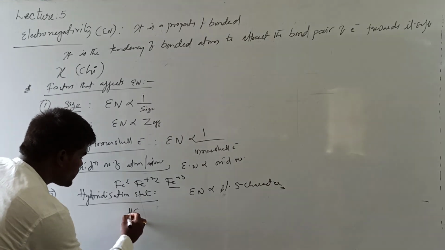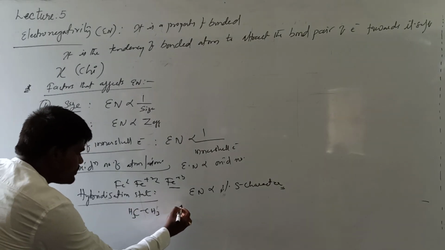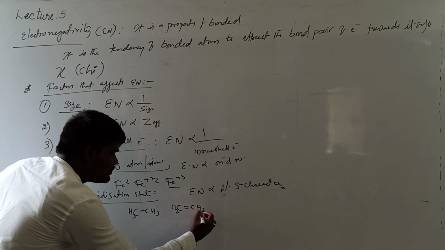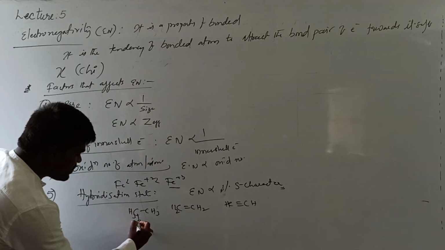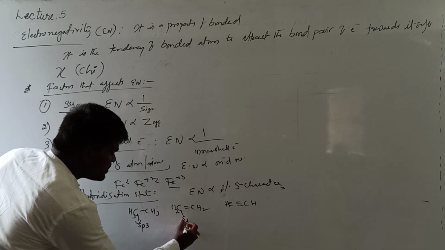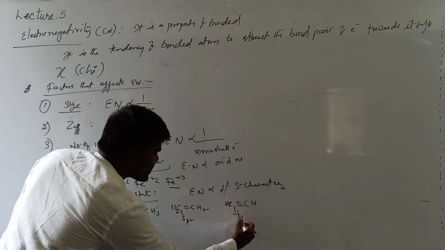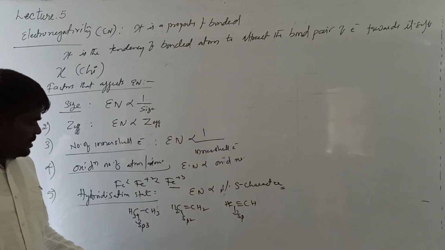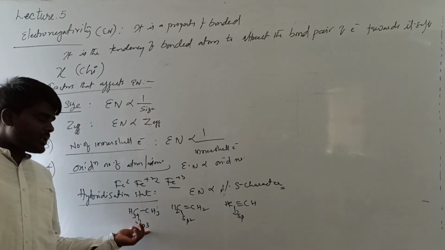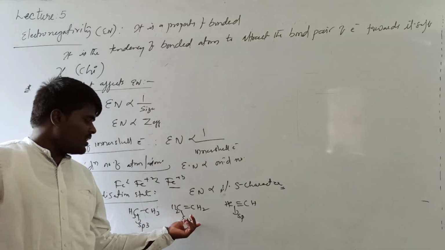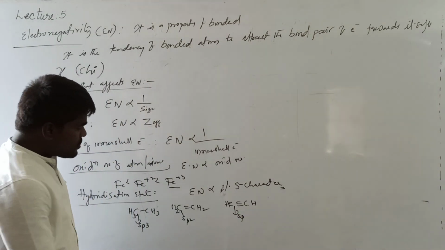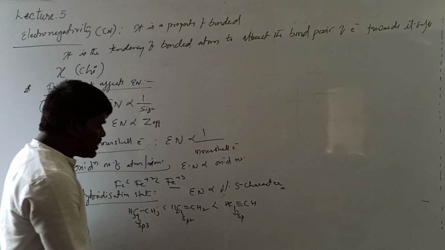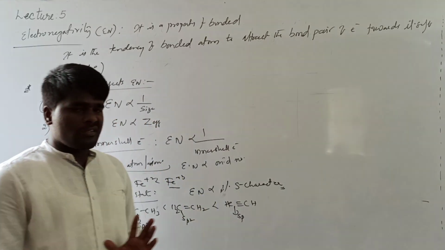For example, if you are talking about ethane, ethene, and ethyne, among these three, the hybridization of carbon is sp3, sp2, and sp. That means in the sp3 hybridized orbital, percentage of s is 25, here it is 33, here it is 50. As the percentage s character increases, what can we say? Left to right, electronegativity of the carbon is increasing.